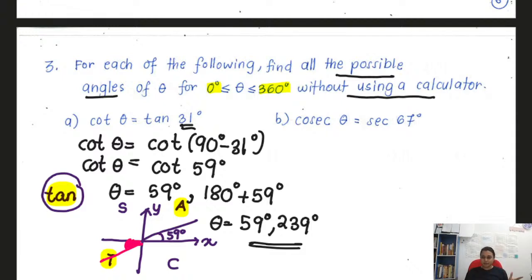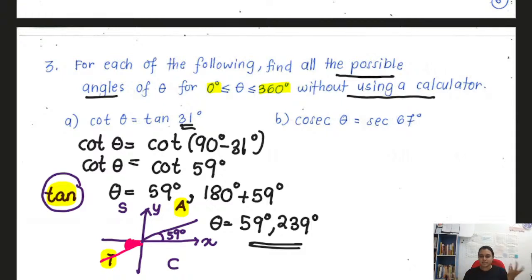The same thing we are going to apply for B also. Okay, clear? This one: cosecant theta equals secant 67. Look at both sides.